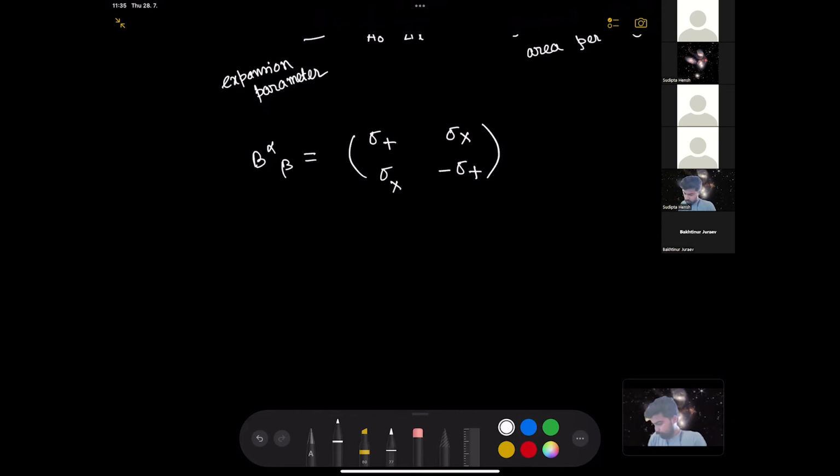So if we calculate the transpose of this matrix, we get the same matrix again. Considering this B, we will have the change in our separation vector, which will be R0 delta t.